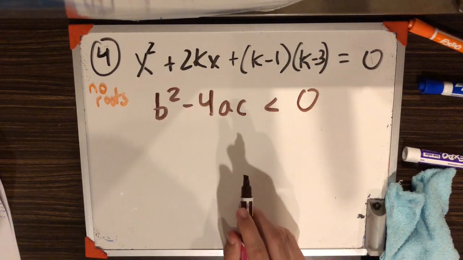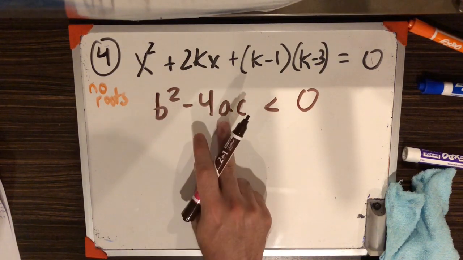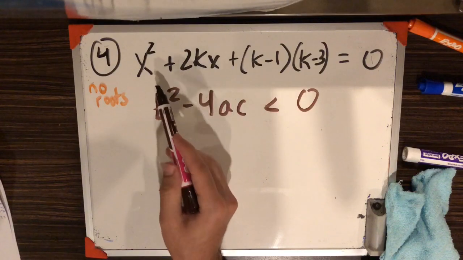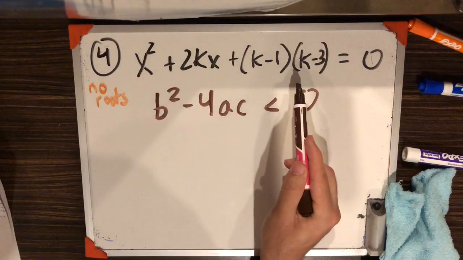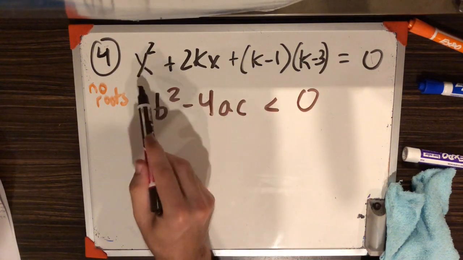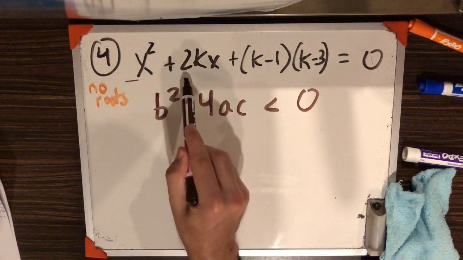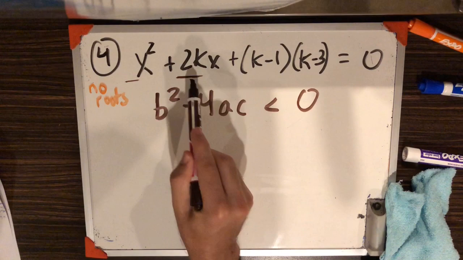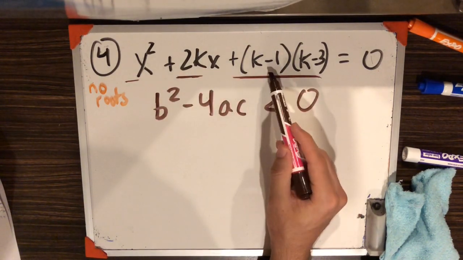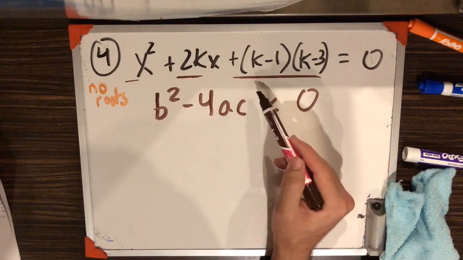So now I need a couple things. I need to have a, I need to have b, and I need to have c. So you need to think to yourself, well, is this in standard form yet, right? Which it basically is, right? I have my a, I have my b, again that would be 2k, and I have my c, which is basically my constant. And I know it looks a bit weird, but this is my c, okay?